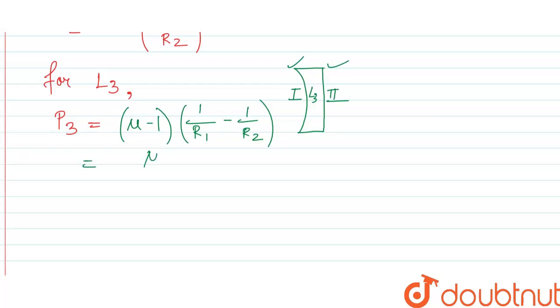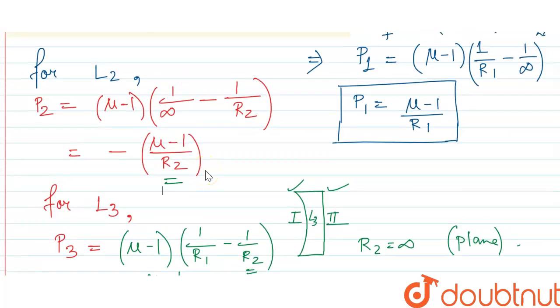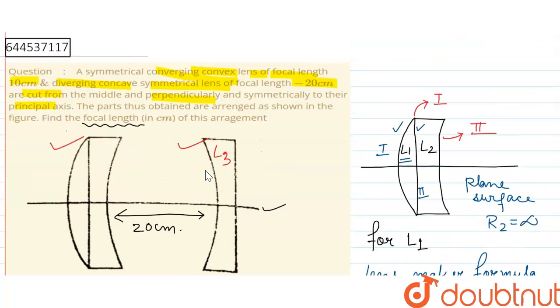So here also (mu minus 1) by R1, because here R2 will be infinite, because the second surface is a plane surface. But now we have to relate this R1 with the previous radius R2. See the diagram.